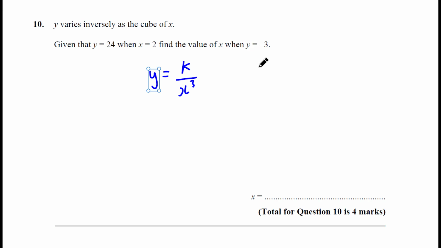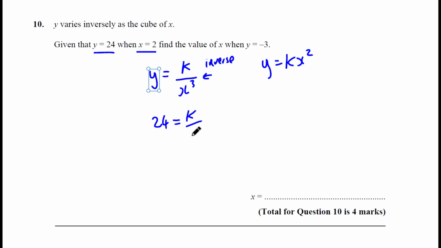Now if it was direct proportion, it would be y equals kx cubed, but this should make sense. This is what we need, the inverse. So all we do here is now substitute the numbers in, because we have y equals 24 and x equals 2, because we need to find k, the constant of proportion.